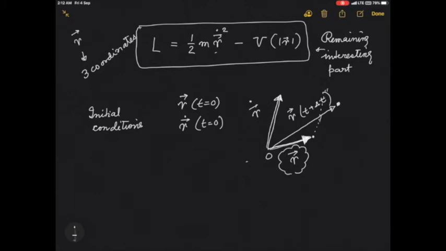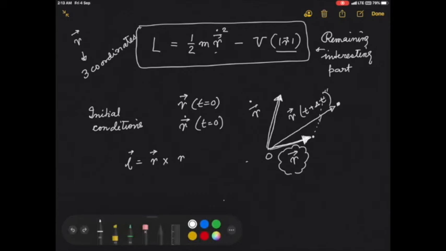So you can now look at that symmetry, and that symmetry is coming from the fact that the potential is a function of the vector r. And what it does is that it conserves the angular momentum, and that is easy to see. Angular momentum L is nothing but the moment of the linear momentum, which is r cross m r dot.